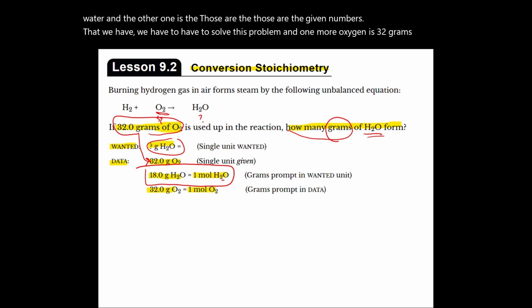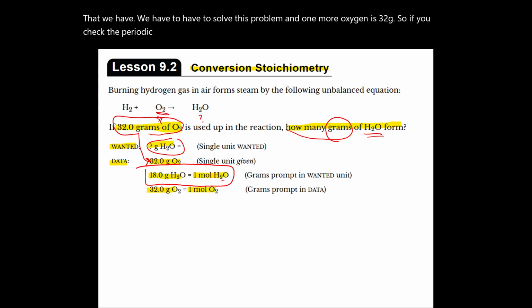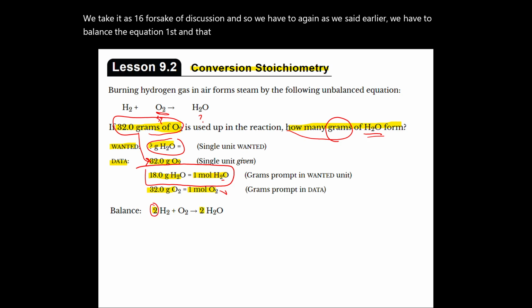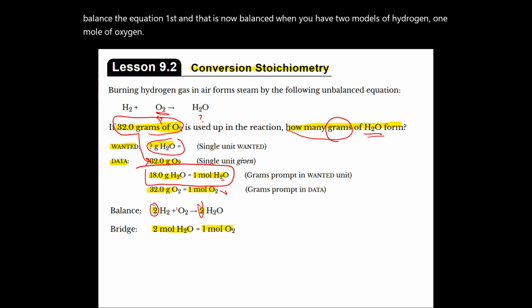So if you check the periodic table, one oxygen atom is 15.999, so we take it as 16 for sake of discussion. And as we said earlier, we have to balance the equation first, and that is now balanced when you have 2 moles of hydrogen, 1 mole of oxygen generates 2 moles of water.